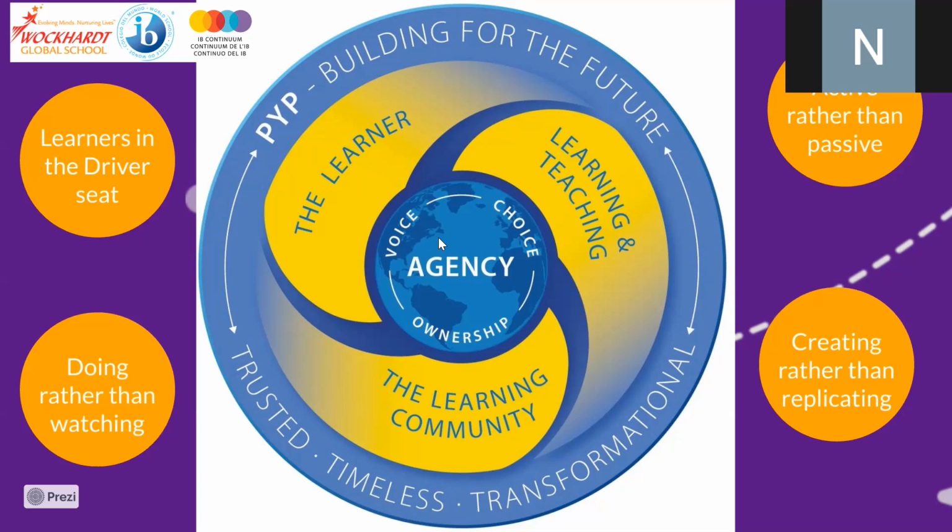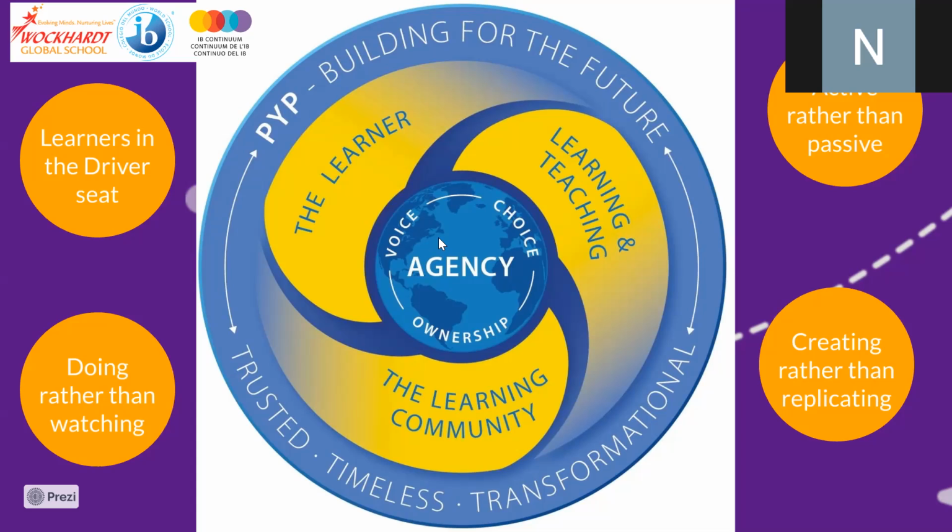So when we are talking about agency, we are saying that the learner should be at the center. The learner is the most important person in your classroom, and all your teaching principles and methodologies should revolve around the learner. The learners are in the driving seat for your class.